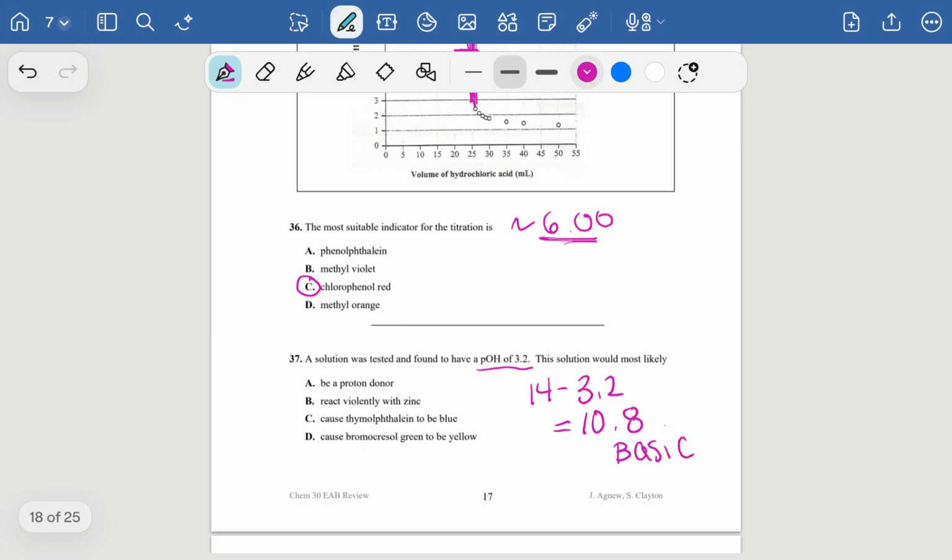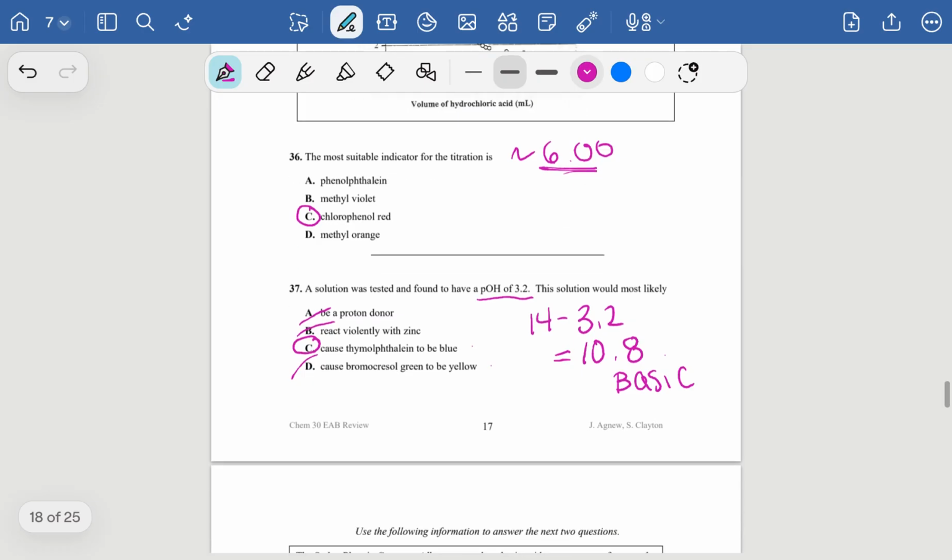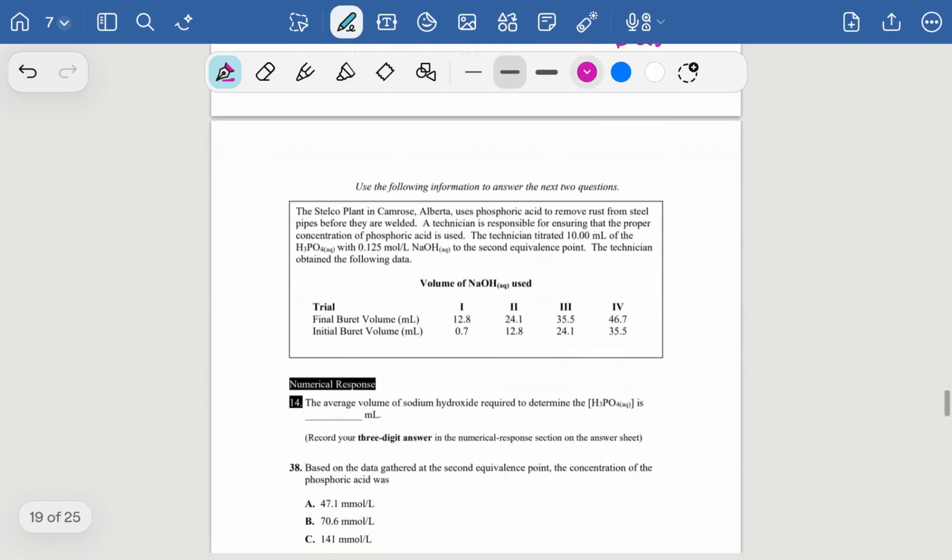And if you are a base, you're definitely not a proton donor. You're not going to react with zinc, because that would be an acid would do that. And then looking at your possible color changes, C is the only one that works out. D does not work. So you're just looking at your indicator page and seeing which indicator would fit that information.